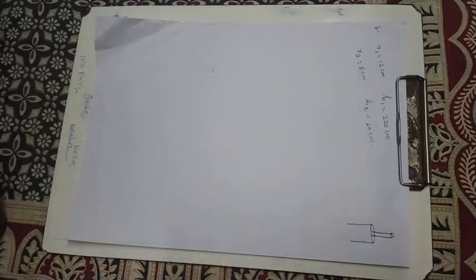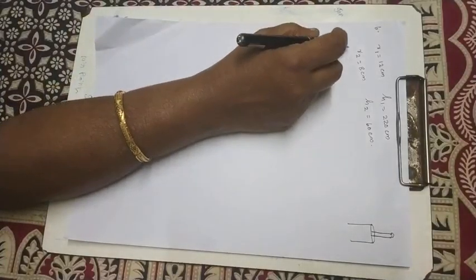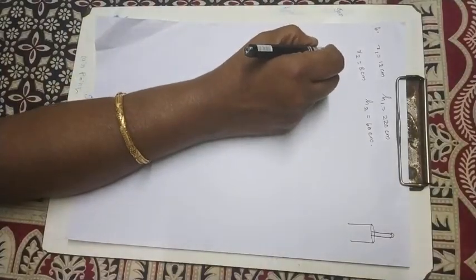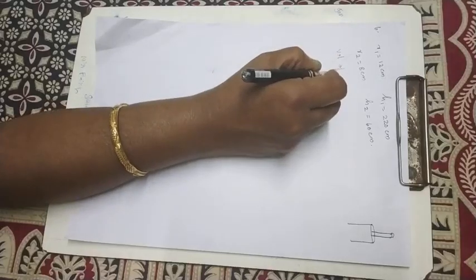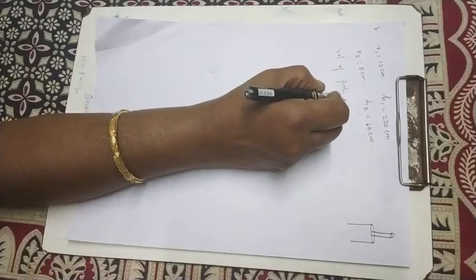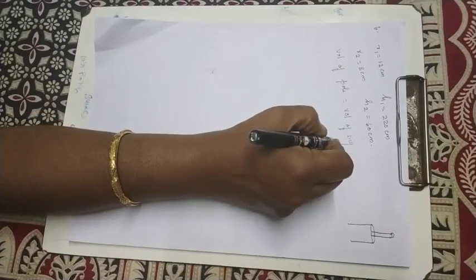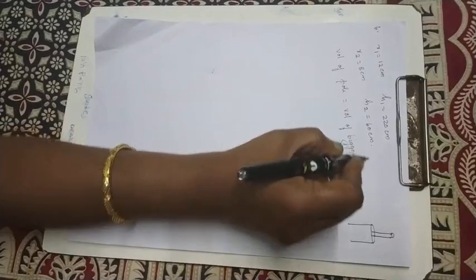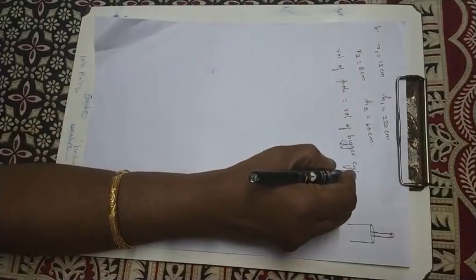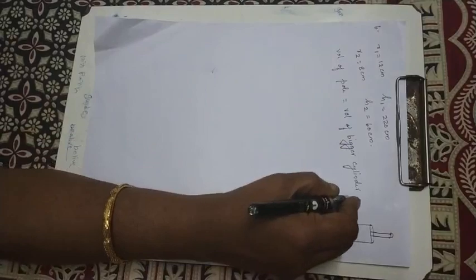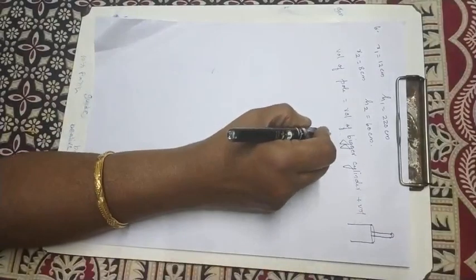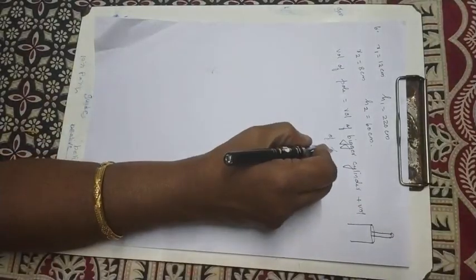Now you are asked to find the volume, then find the mass. So first find the volume of the solid ball. Volume of ball is equal to volume of bigger cylinder plus volume of smaller cylinder.